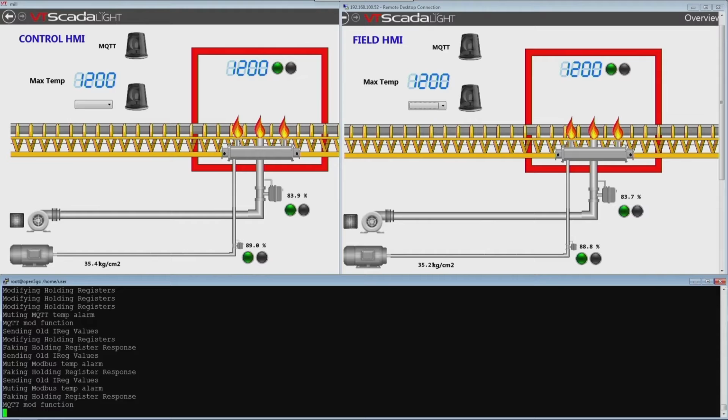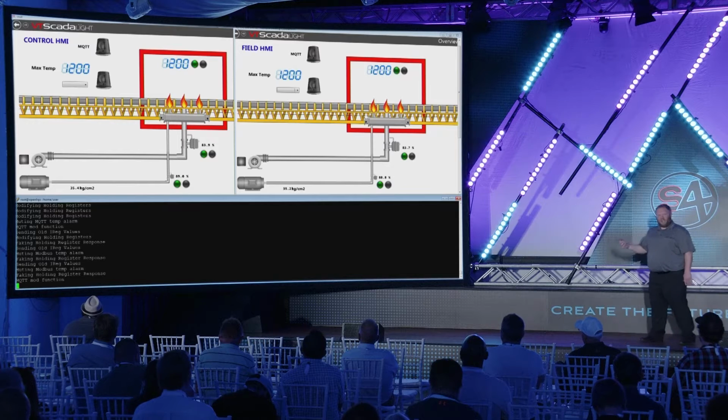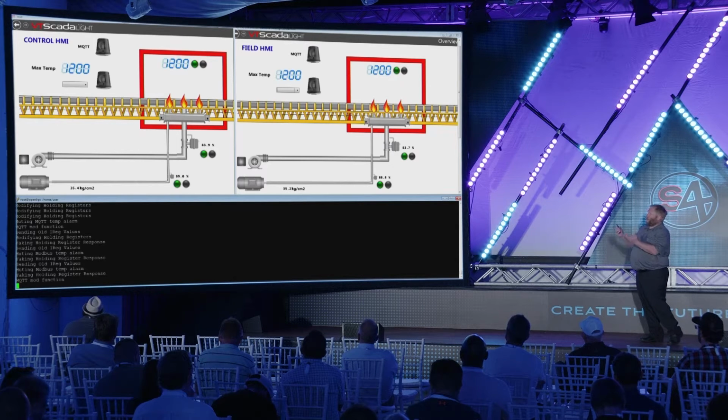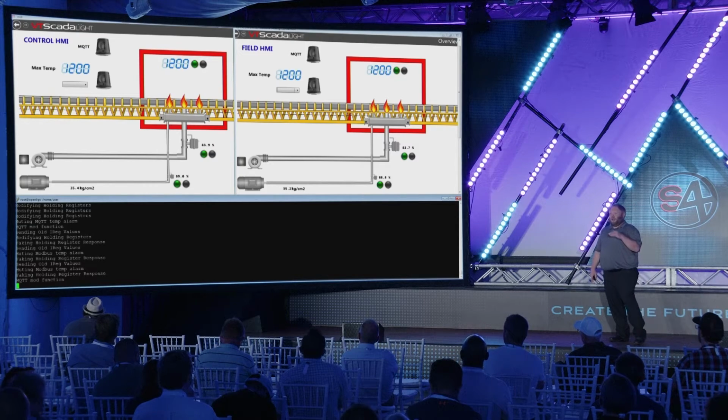I don't recall why it was doing that, but you can change one side or the other. You could have both the field HMI as well as the control HMI return perfectly good-looking information while having the actual PLC doing something completely different. So, multiple ways to affect the control of that.